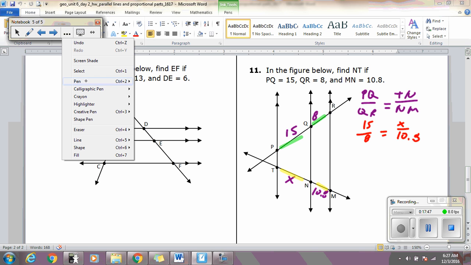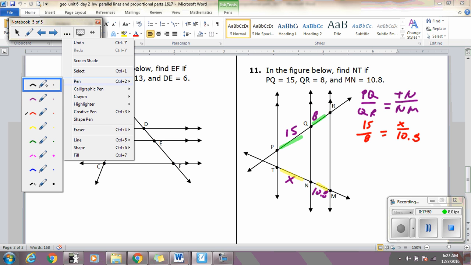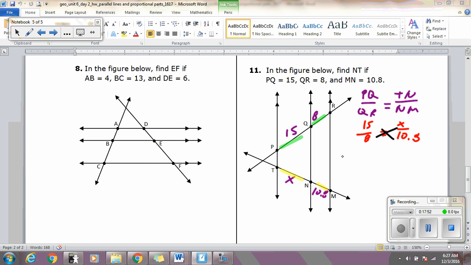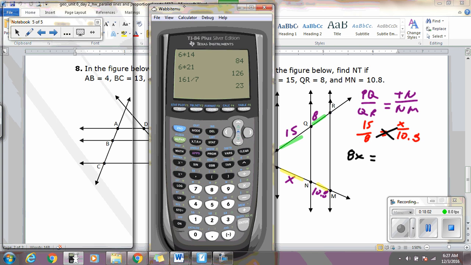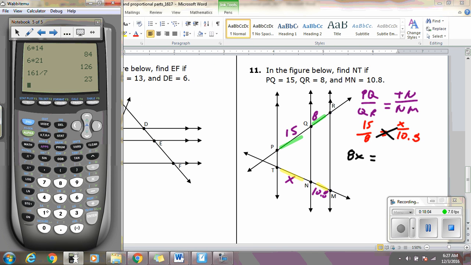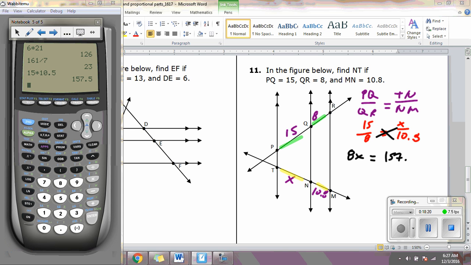So let's cross multiply. You would get 8x is equal to 15 times 10.5, which is 157.5. And then you have to divide that by 8.